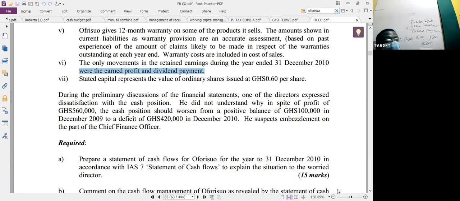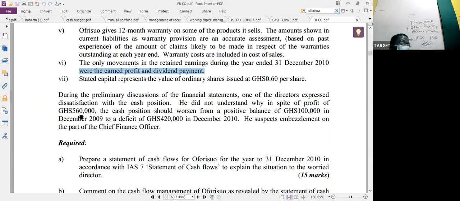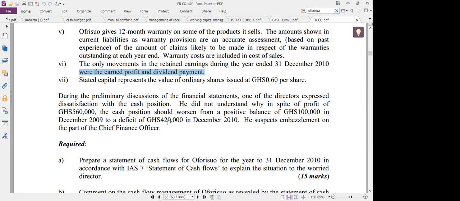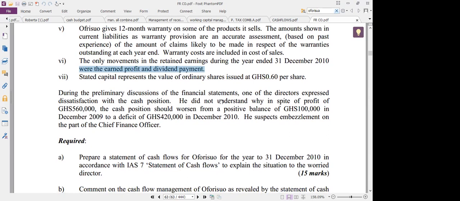He suspects embezzlement on the part of the Chief Financial Officer. I told you that you have declared a profit of 560. Your cash balance is negative 420. Who will believe you?